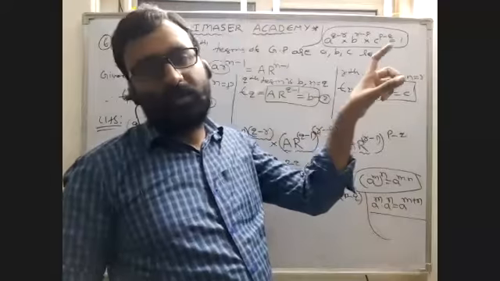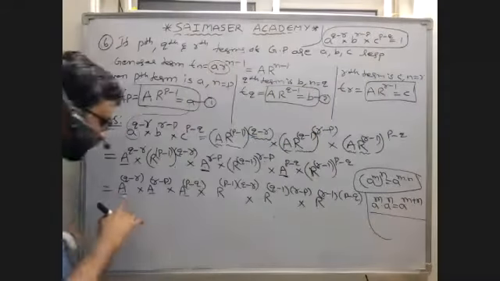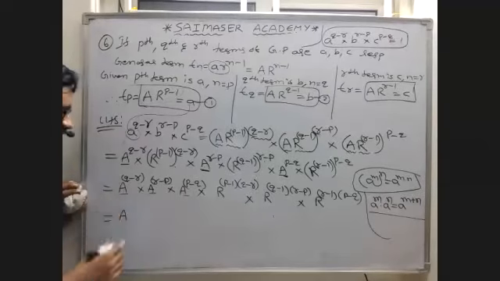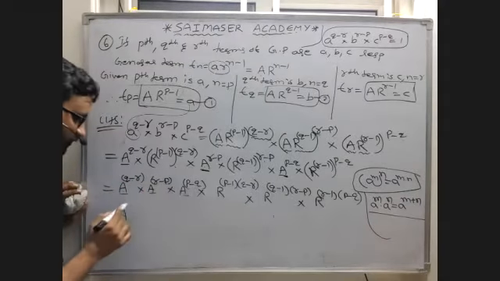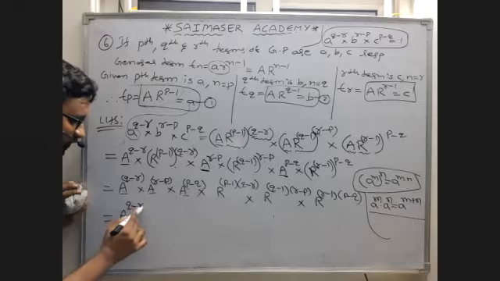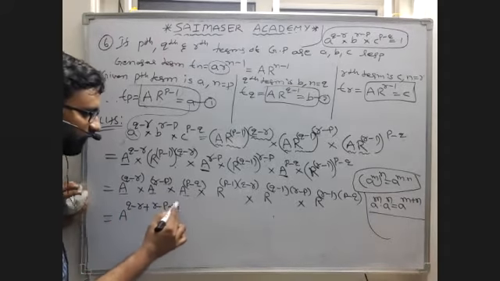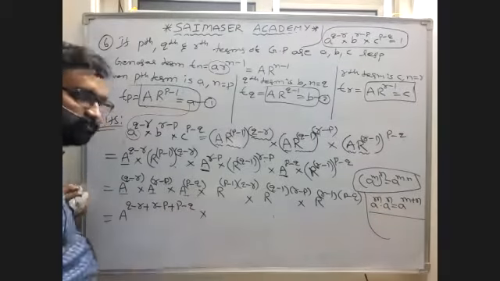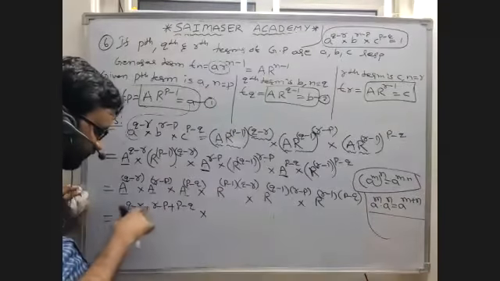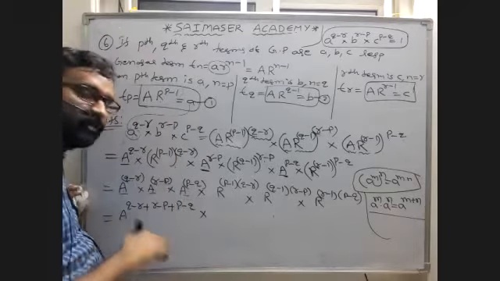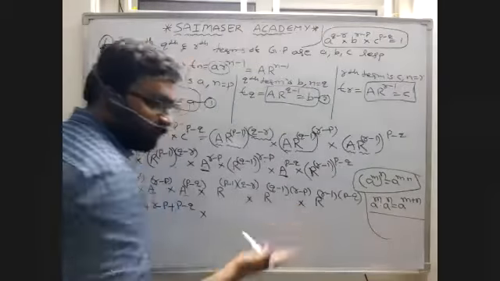So here we have three terms whose bases are the same. That's why I'm adding the powers: this plus this plus this. That is q minus r plus r minus p plus p minus q. This is the base, this is the total power, on the head of a. And here r, again the bases are the same.